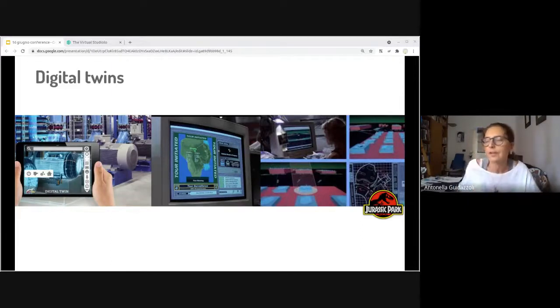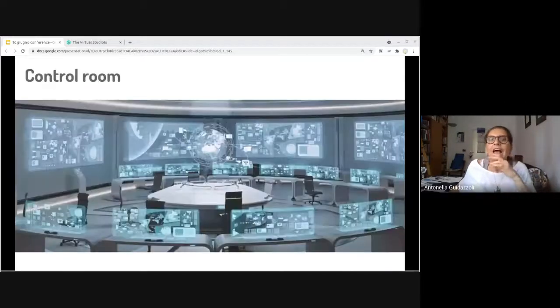So this was a sort of first concept, and you know, movies are very important also for IT people in order to imagine new things, like Minority Report. Do you remember? It's a key movie for the idea of interfaces.